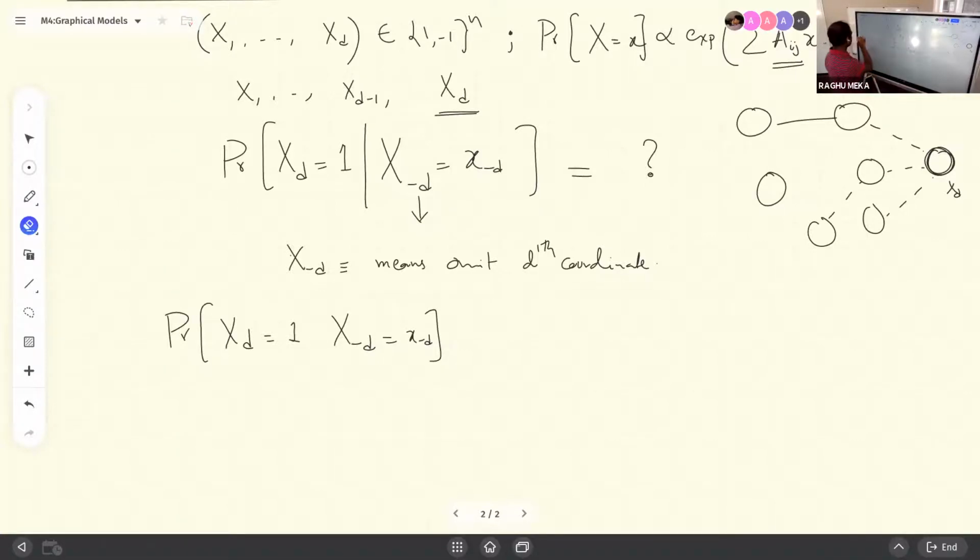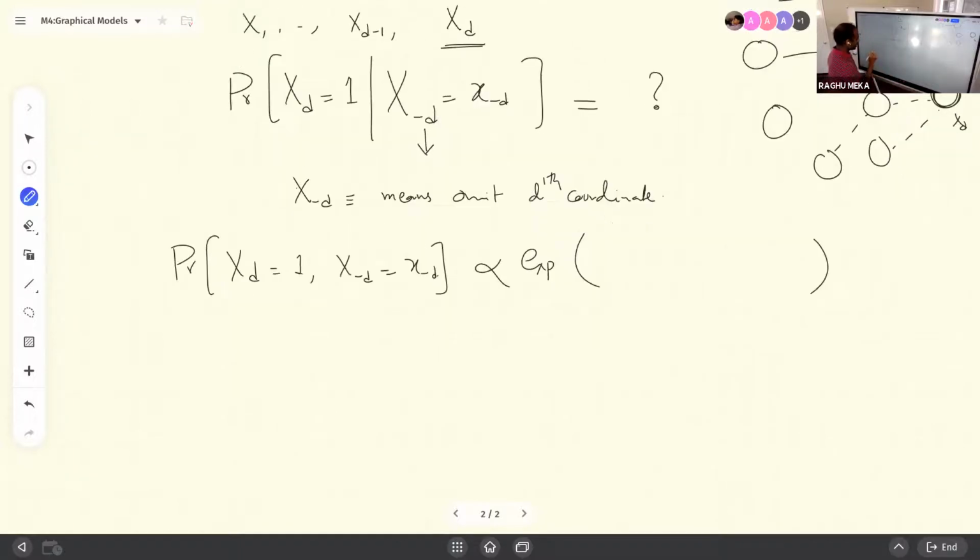Let me first write down this AND question of the two. We know it's proportional to a bunch of things, and I can also write the same thing for x_d equals minus 1.